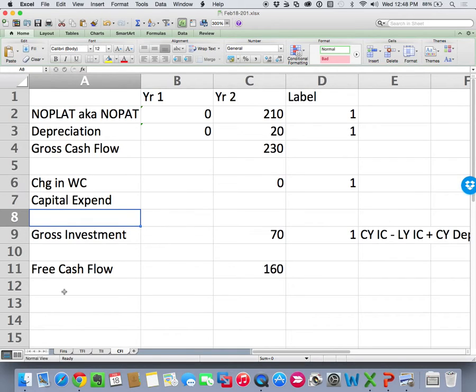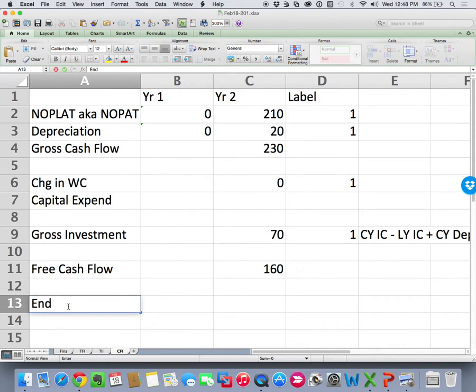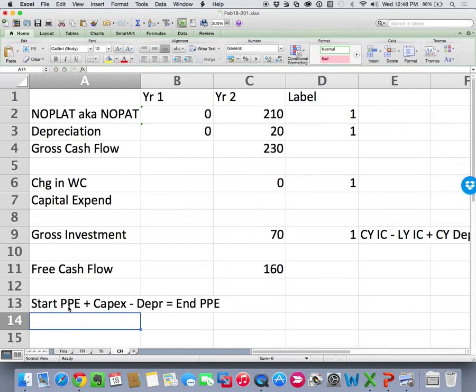So that formula says, simple accounting 101, if we take our starting PPE plus CapEx minus depreciation, that should get us our ending PPE. So to solve for CapEx, we take our ending PPE minus our starting PPE plus depreciation.